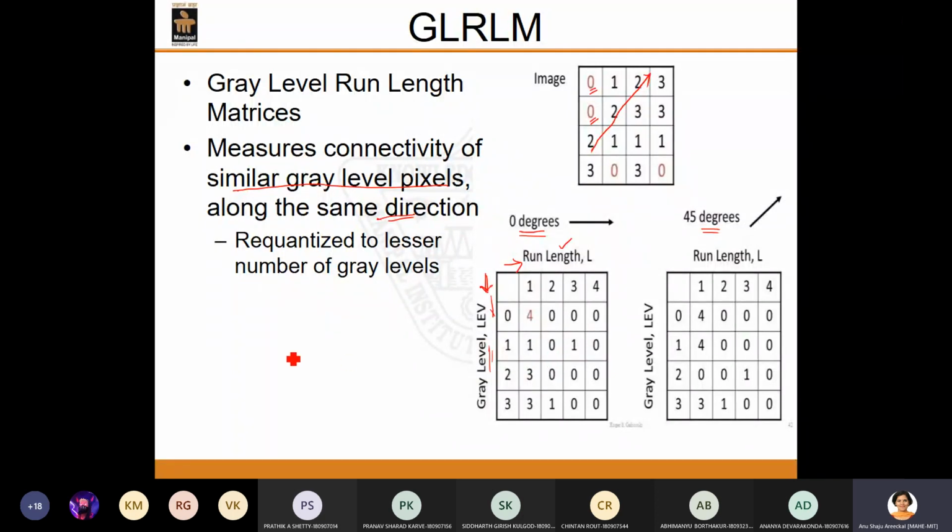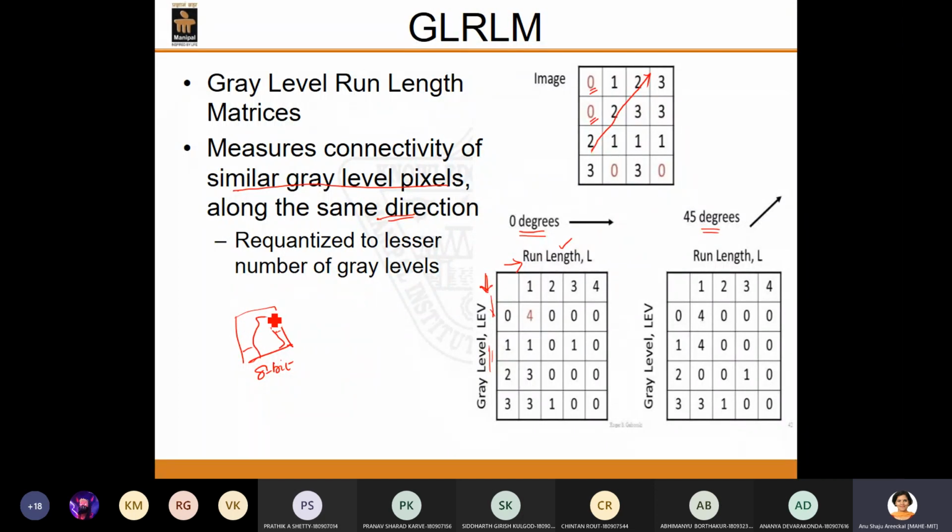Now, if you're just considering an image, let's say it's an 8-bit image. Sometimes we see that, let's say there is some kind of object over here, and the background that you see is, let's say, the sky, and maybe till here it is the sky region, which is almost a homogeneous region.